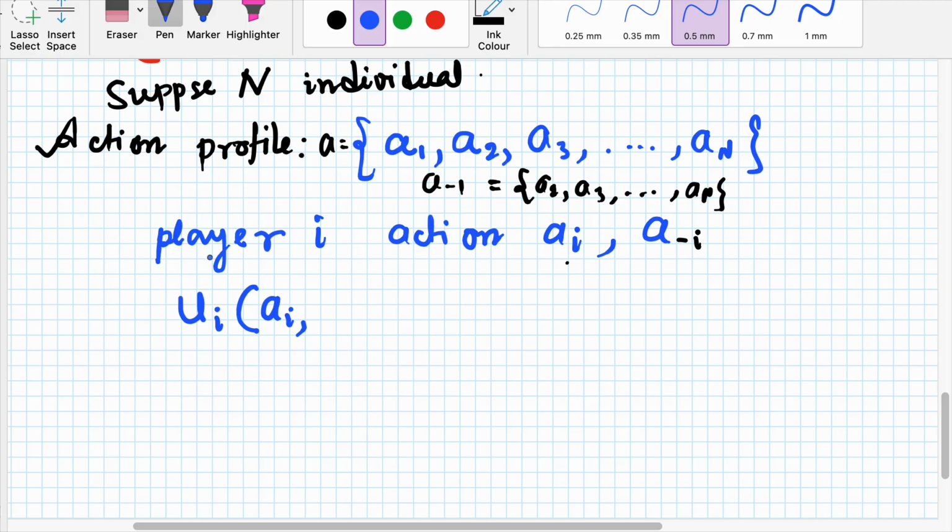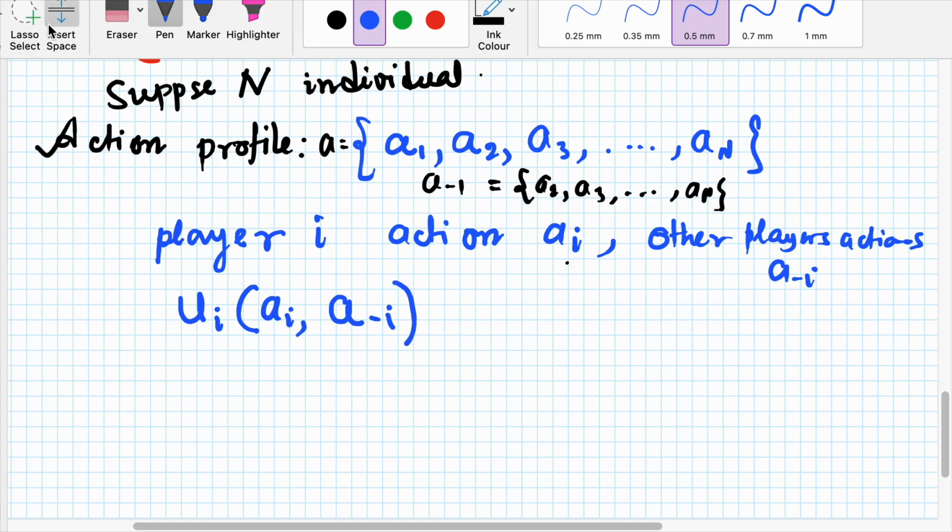Here I am talking about player i's action ai, and all other players' actions can be represented by a minus i. In this situation player i will get some payoff, and here I am talking about the pure action, not the mixed strategy that we have not introduced yet.